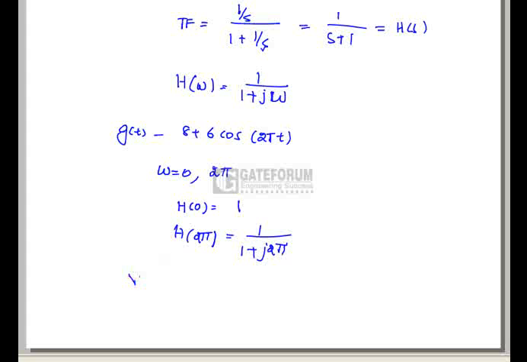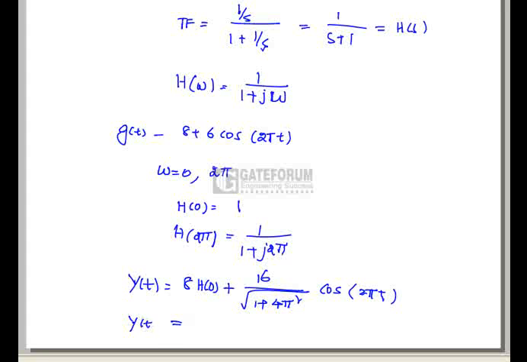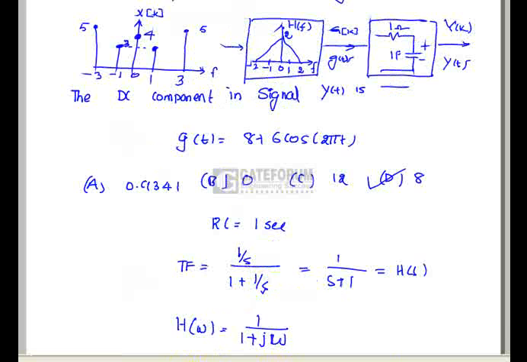So y of t is equals to 8 h of 0 plus 1 by under root (1 plus 4 pi square) into 6 cos of 2 pi t. Here the DC component present in the y of t is 8, which is option D is correct.